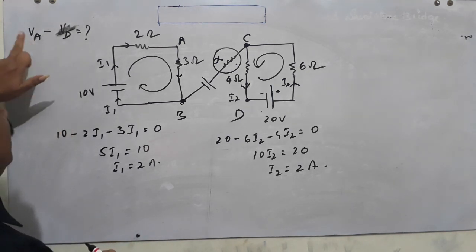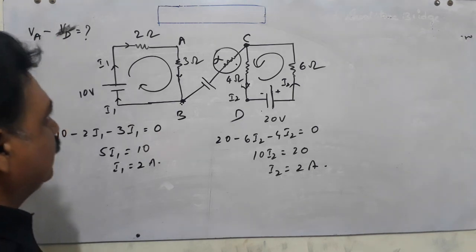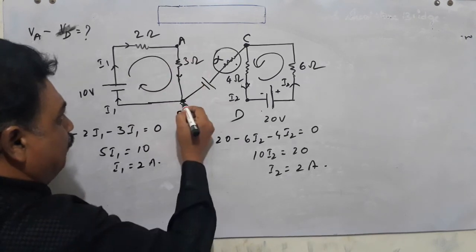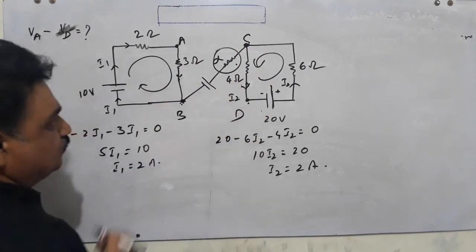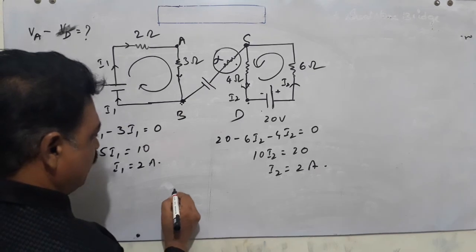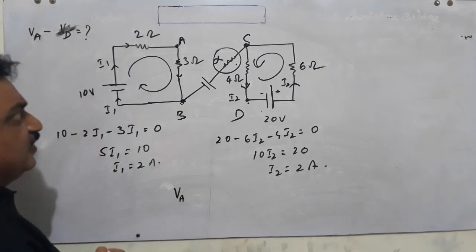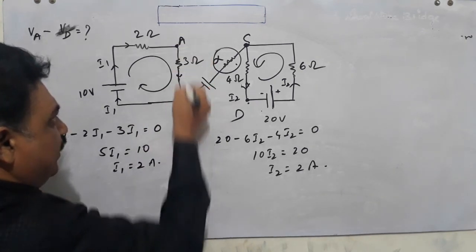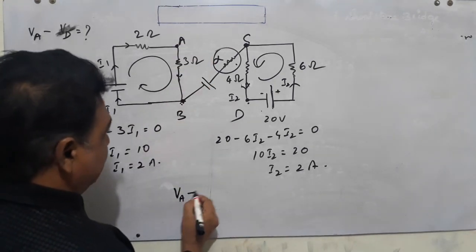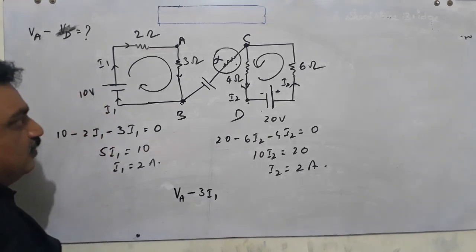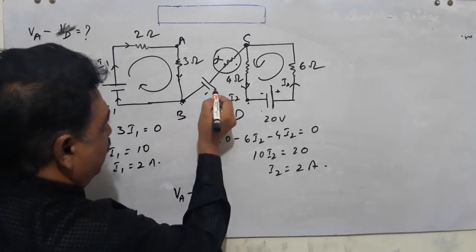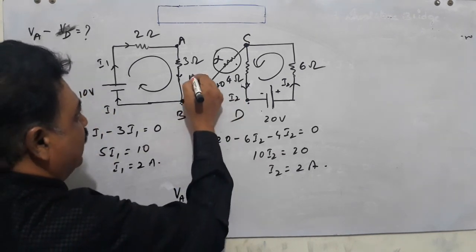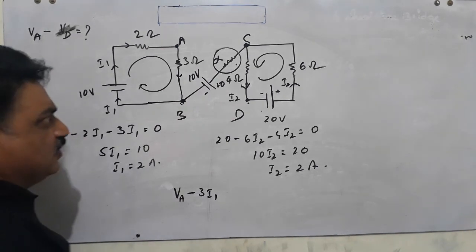Potential difference between A and D. Say I am starting from A, along the path A, B, C, D. I am taking the first point as A. At that point the potential is VA, and here you are moving across the resistor, minus 3I1. Here you are moving from the negative terminal to the positive terminal. Say here you are given a certain value, 10 volt.